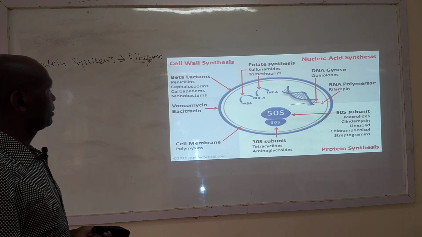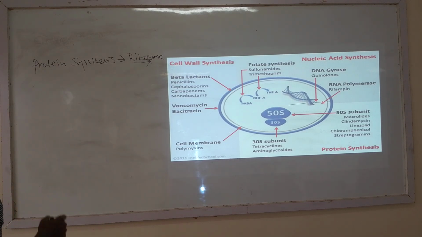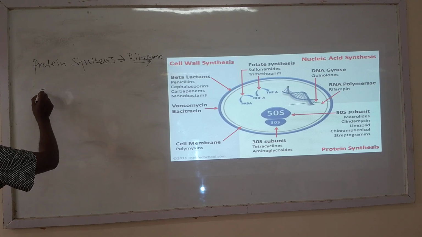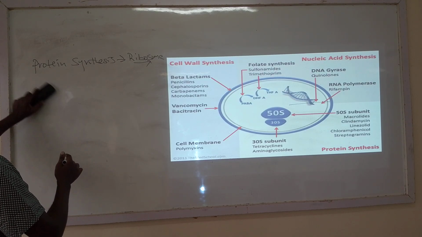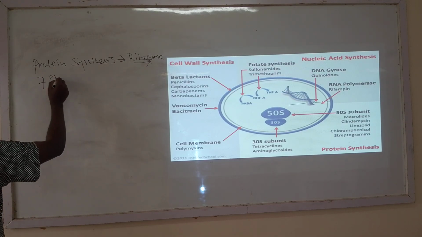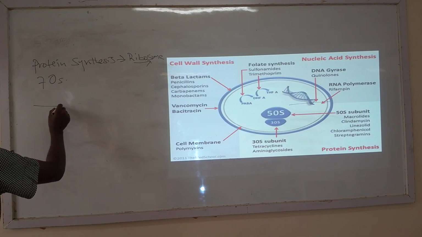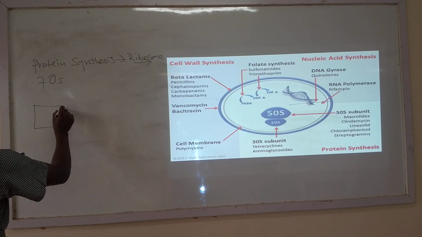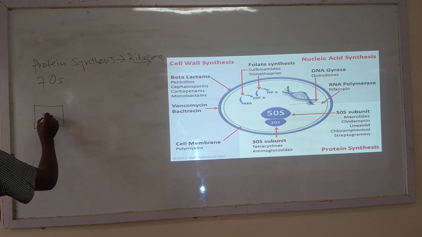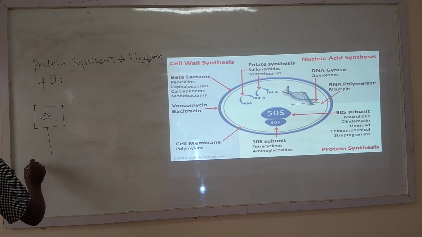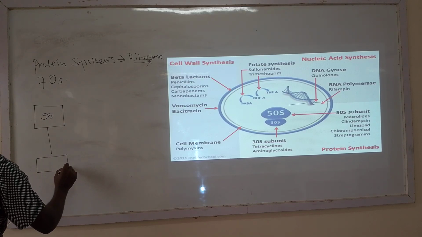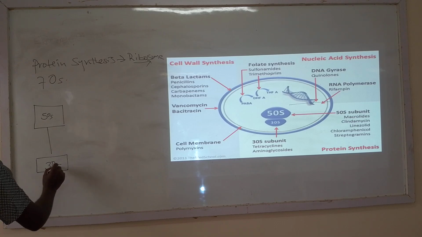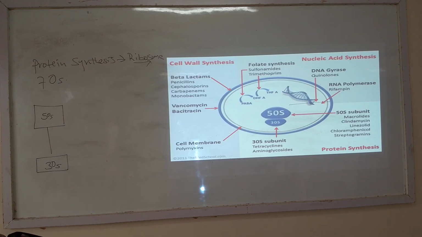The structure of this ribosome is the 70S, but it has subunits: it has a 50S subunit and a 30S subunit.